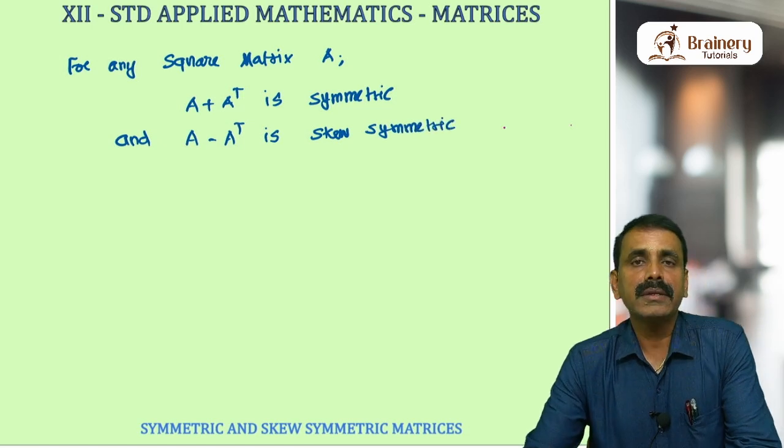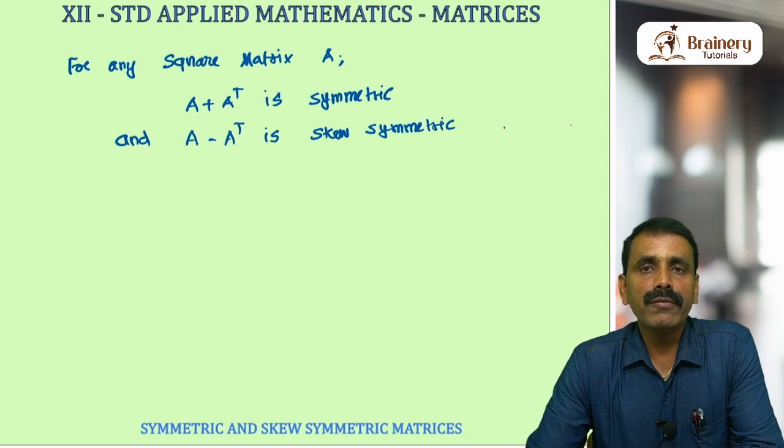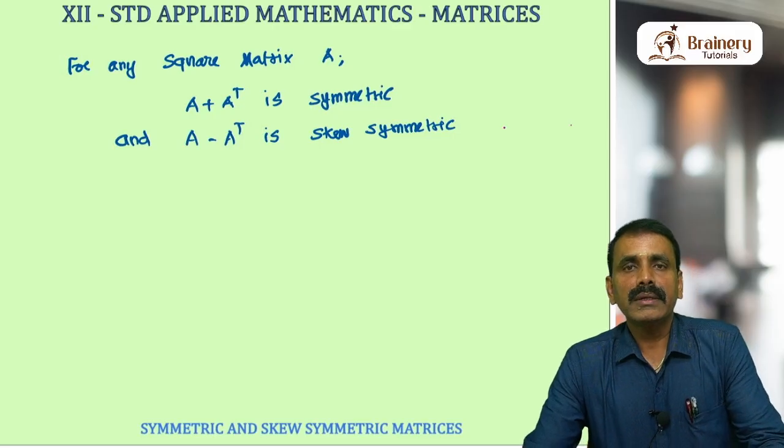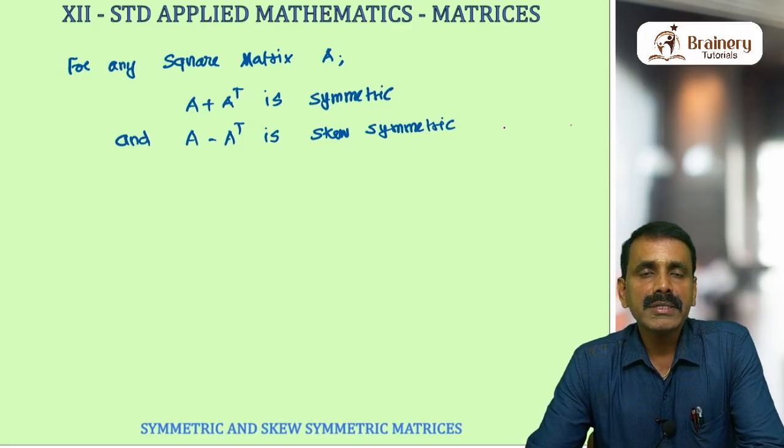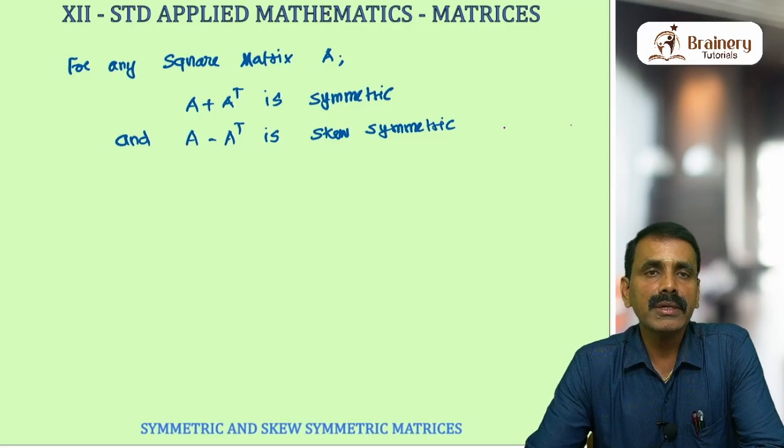We have already seen problems proving that for any square matrix A, A plus A transpose is symmetric and A minus A transpose is skew symmetric in the previous video session.